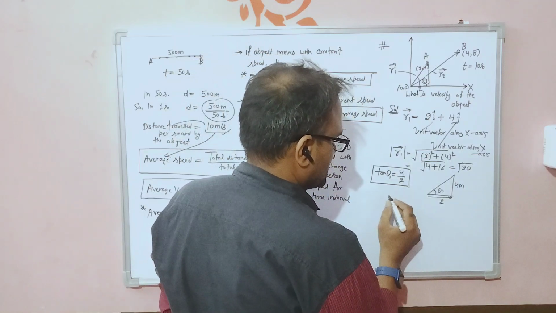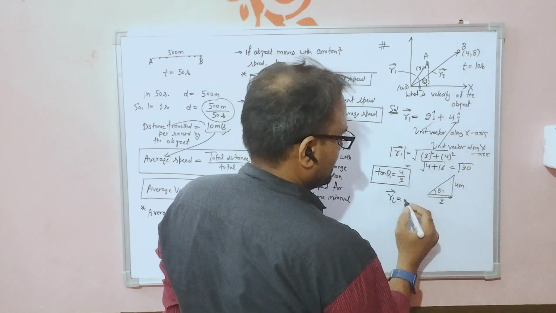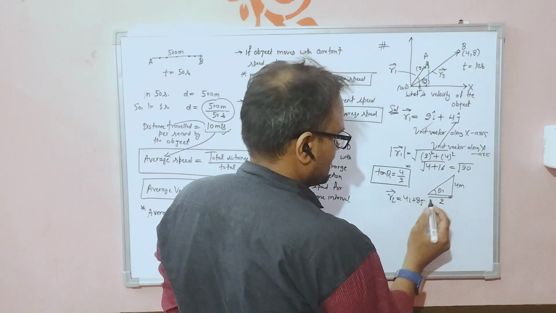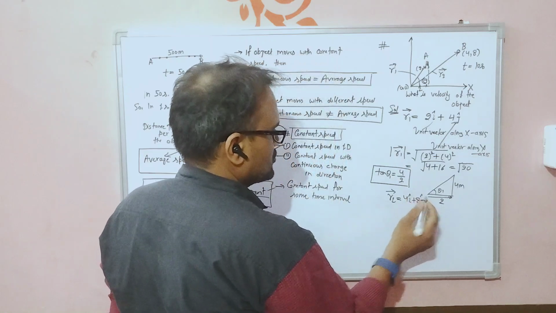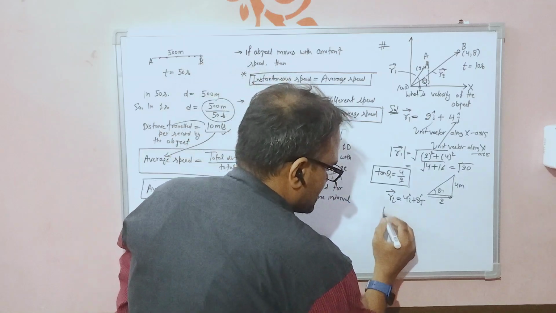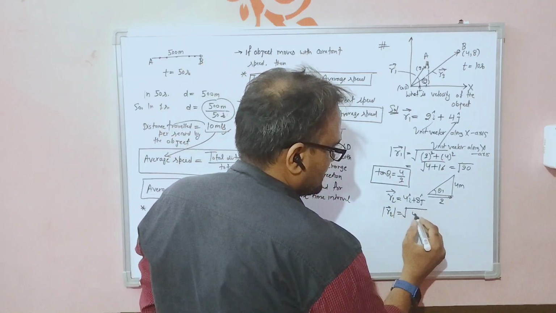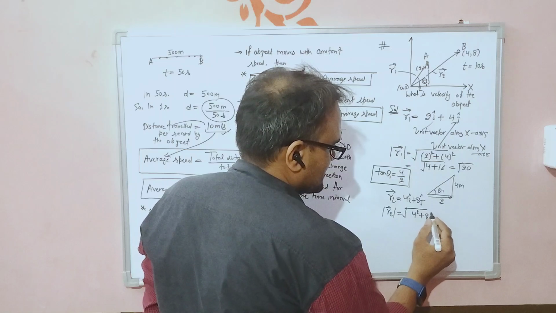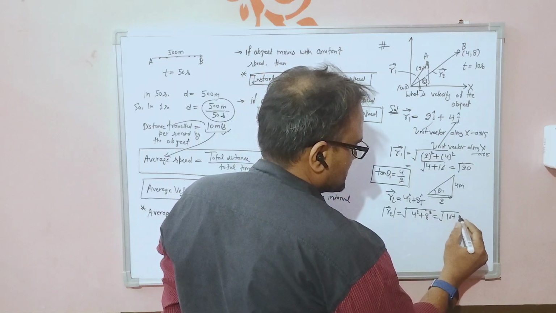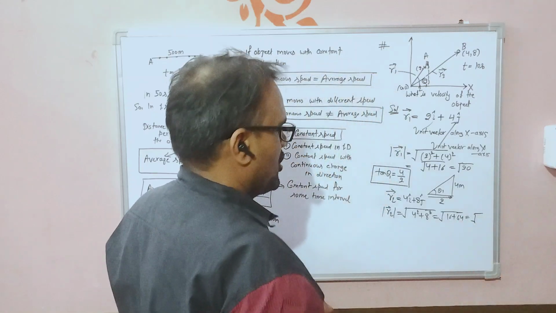Now similarly for the position vector r2, I can do it very quickly. I can write this r2 vector as 4i plus 8j. This is the position vector corresponding to the final position B. And what is the magnitude of this? Magnitude is 4 square plus 8 square, that will give me 16 plus 64, and how much does it give me?